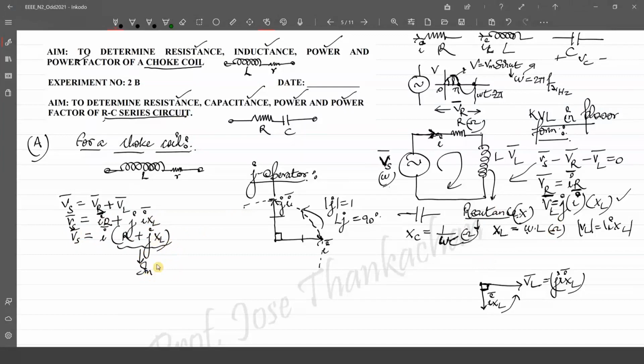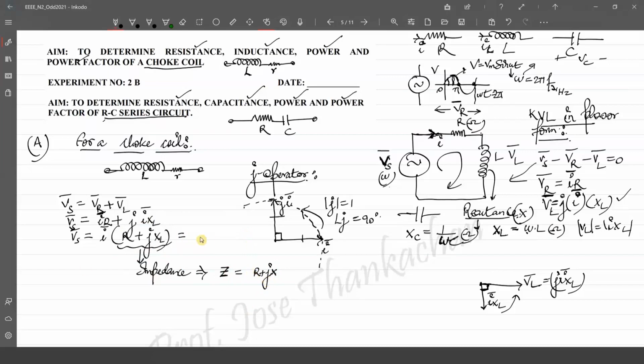It is defined as the impedance of the circuit, and this impedance is represented by the variable Z. So Z is nothing but R plus J times X.